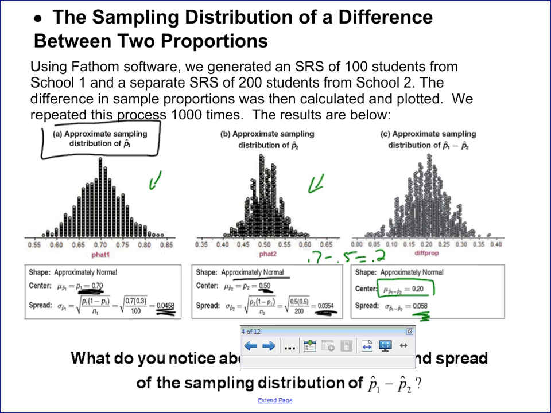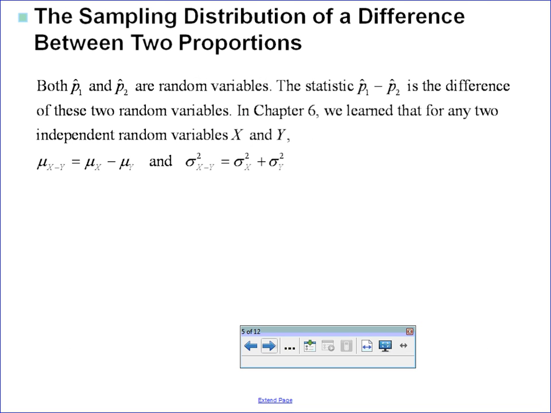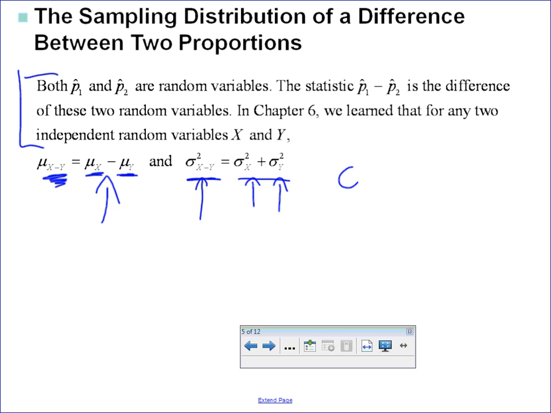So where does this number come from? Well, if you remember way back in chapter 6, we said if we combine any two independent random variables, then the average difference was the difference of the averages. But the variance of the difference was the sum of the variances. And remember, variance is sigma squared.